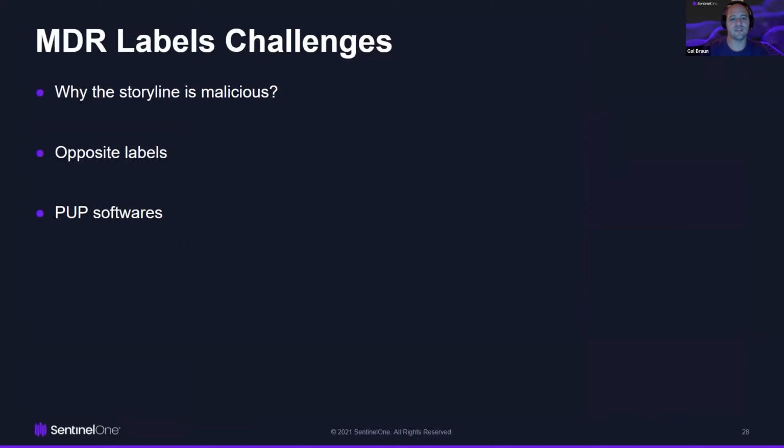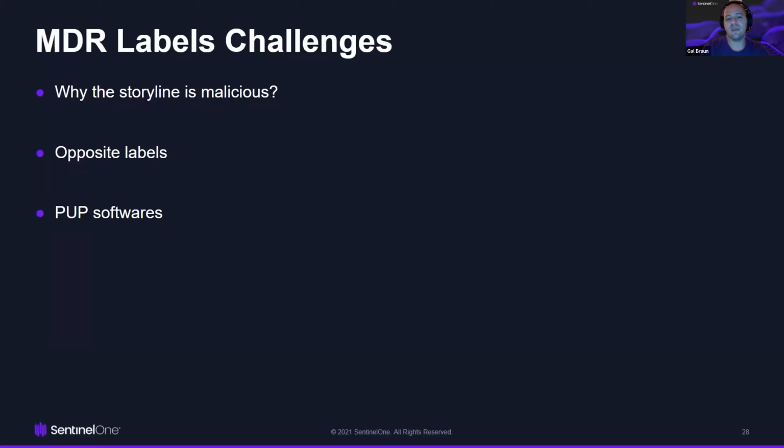So of course, it's not that simple. We have many challenges in that area. For example, what part of the storyline caused it to be malicious? It can be many reasons, it can be different events inside of it. There's the whole issue of opposite labels for very similar cases. And even more extreme, there's a whole category of processes called PUP, or potentially unwanted programs.